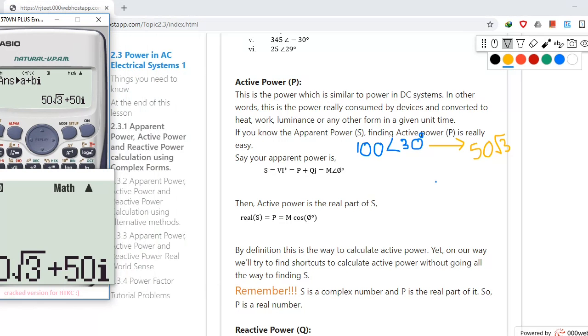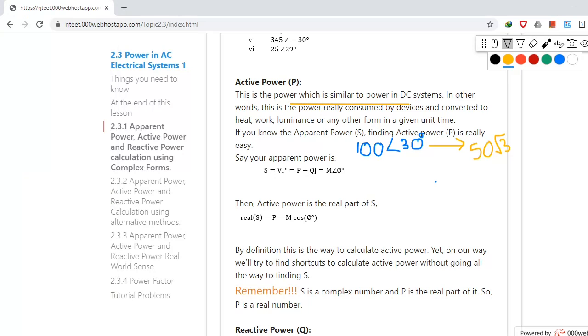And again, another method is the Cartesian coordinates. This means you have a 100-length line and the angle is 30. This angle is going to be 30 degrees.